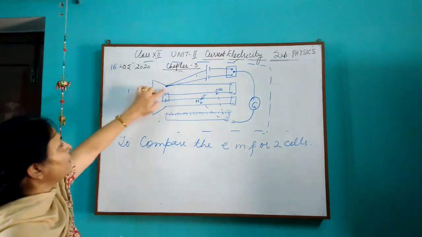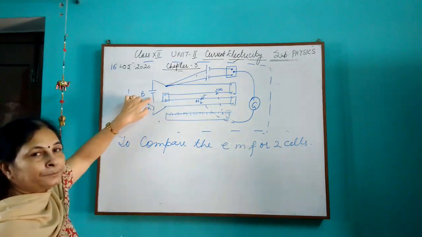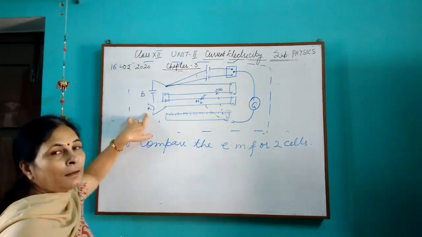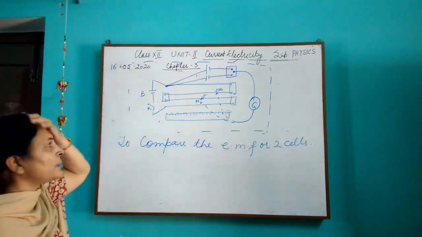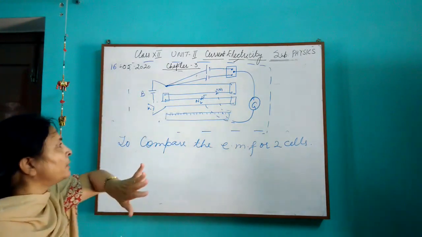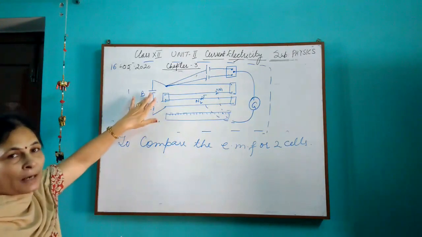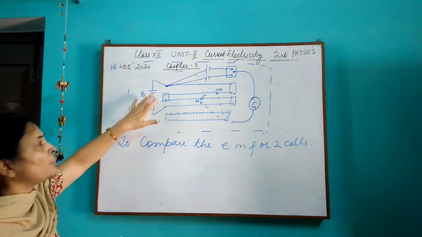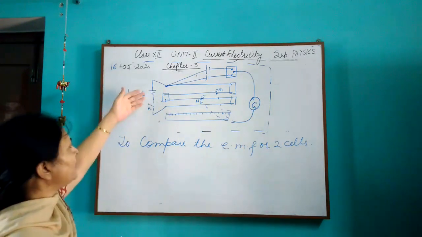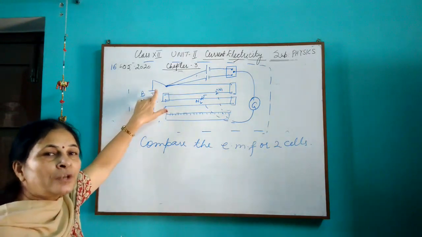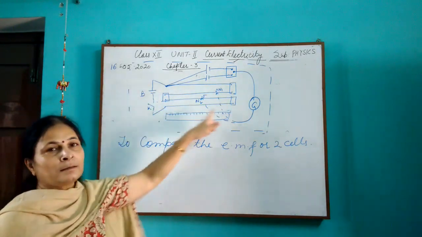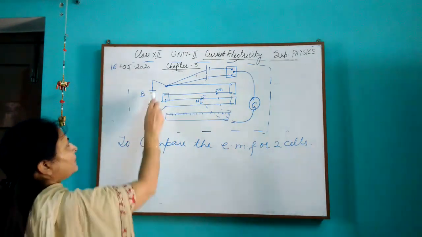So what we have done, we have attached a battery and a key. If we are using simple cells like Leclanche or Daniell, that most of the time we are not using now in the laboratories. We are using battery eliminators, so there changing the voltage becomes easier. Otherwise, we can also have a variable resistance here to change the current in the cell. So battery and a key.